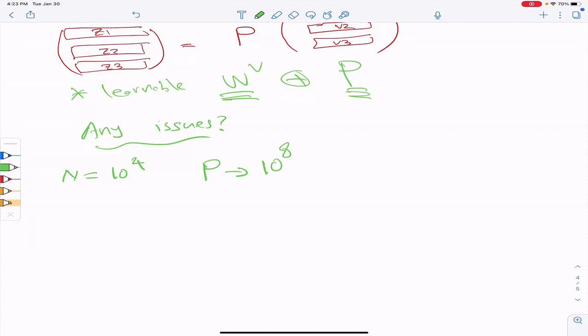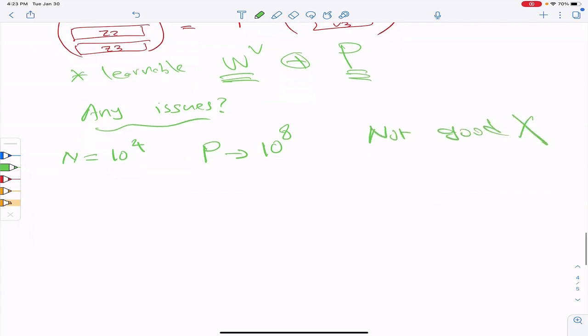Maybe you can set a maximum length like 10,000 and have other entries as zeros, but that can be a big headache for your implementation. Okay, not good. So what is the idea? The idea to solve this problem is quite simple.